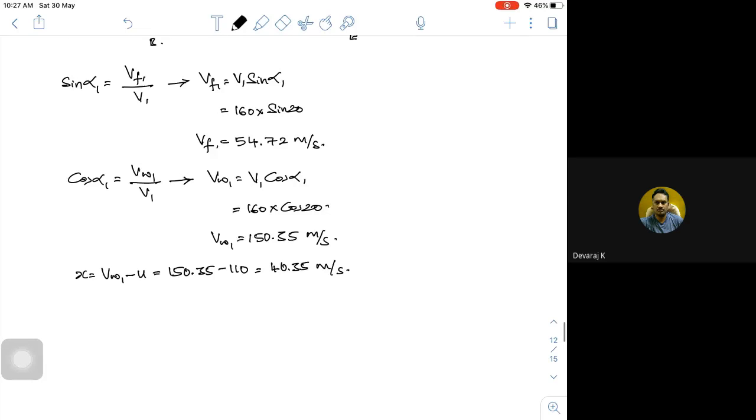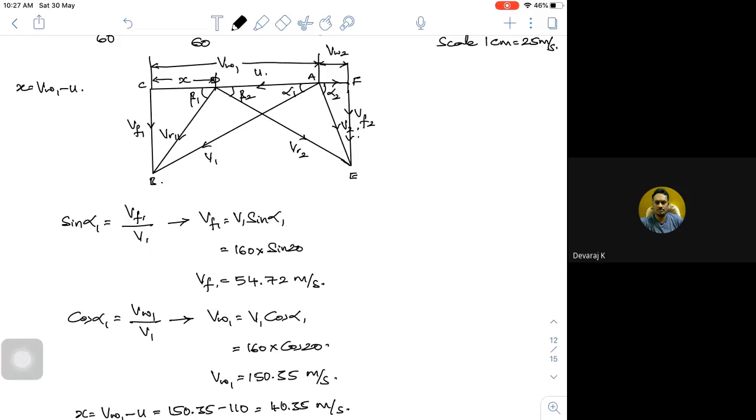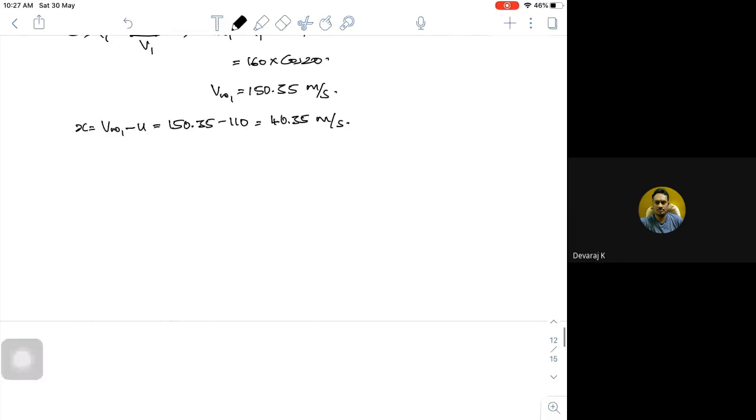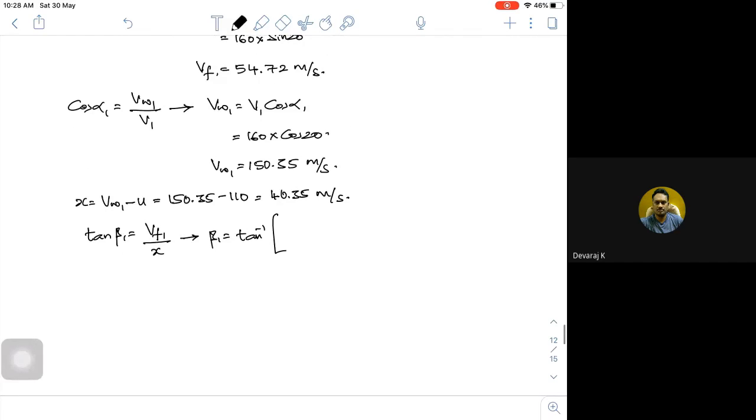Now I'll consider the triangle BCD. If I consider a triangle BCD, I want to find beta. So tan beta 1 is equal to Vf1 divided by x. Or beta 1 is equal to tan inverse of your Vf1, 54.72, divided by your x, 40.35.